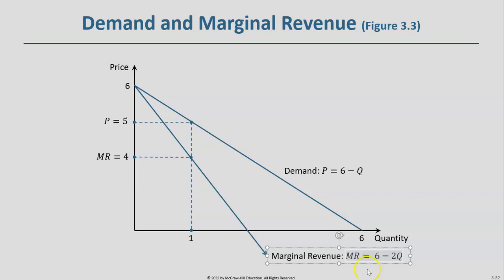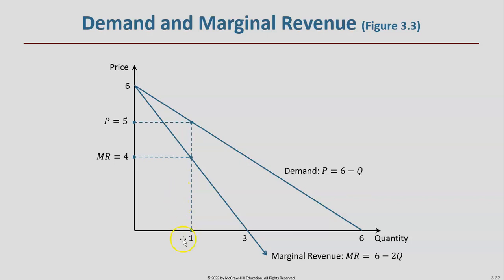Subtract 6 from both sides, so we have minus 6 equals minus 2Q, divide both sides by minus 2, and when marginal revenue is 0, quantity is 3. Okay, so I can punch in a 3 for the point where marginal revenue strikes the horizontal axis.